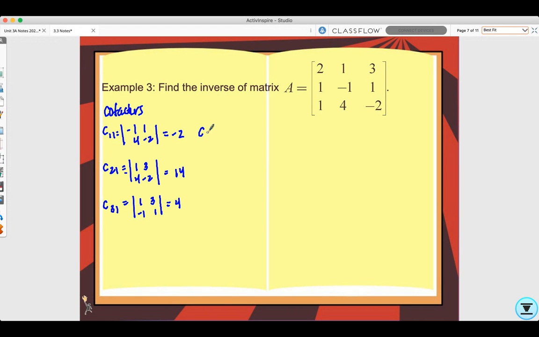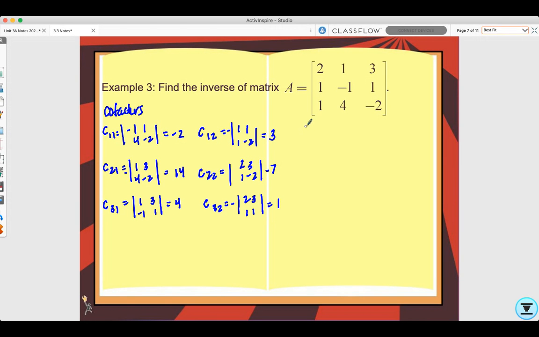Now going into C12, that would be negative 1, 1, 1, -2. That would give me 3. C22 would be positive, and that would be 2, 3, 1, -2, which would give me a -7. And C32 would be negative, and that would be 2, 3, 1, 1, which would give me a +1.